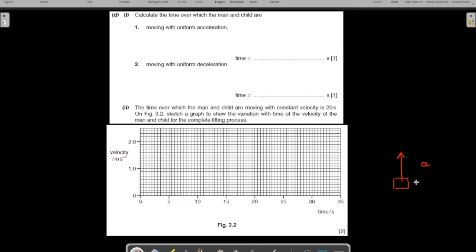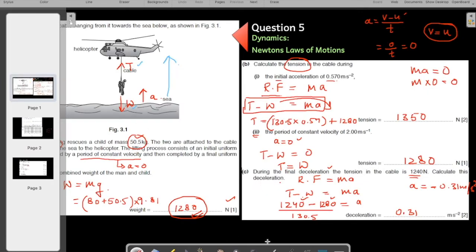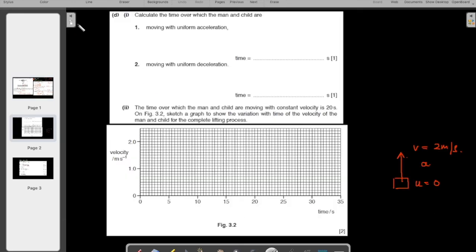They started with an initial velocity of 0 because they started from rest, right? And finally what was the velocity? 2 meters per second. How do I get 2 meters per second? If you look at the question here, the period of constant velocity was 2 meters per second. This was the first part of the journey.